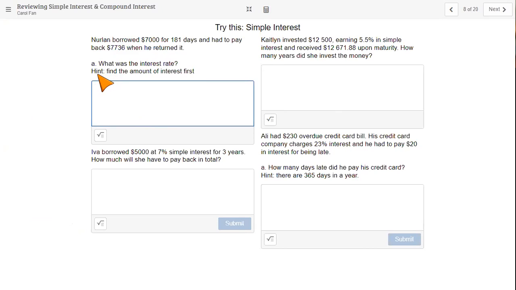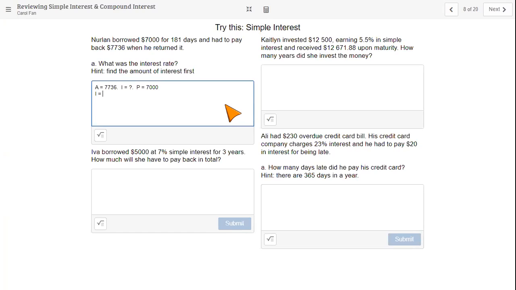So first of all, we need to find the amount of interest because what we have here is the final amount. So I know that A is equal to 7736. I is equal to, we don't know what I is equal to, but we know P is equal to 7,000.